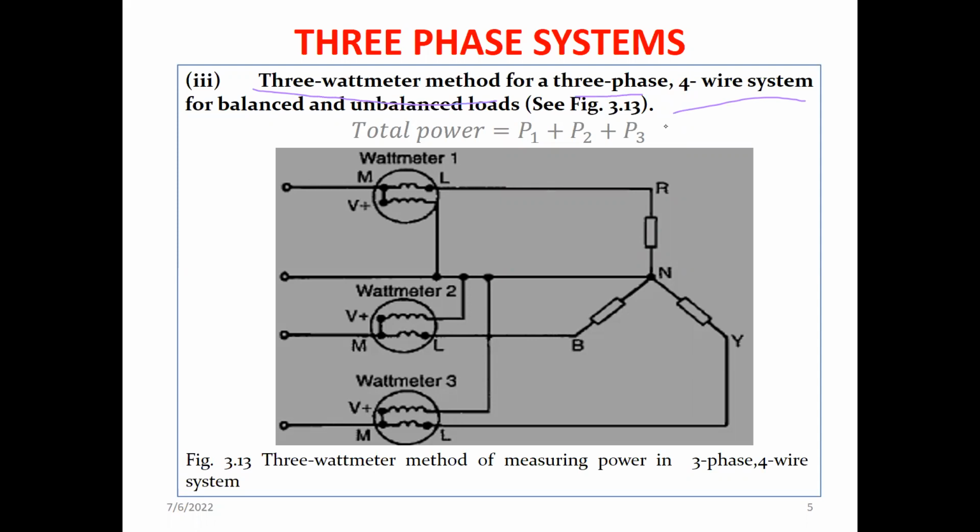From figure 3.13, we have wattmeter 1, wattmeter 2, and wattmeter 3, with their voltage coils and current coils.